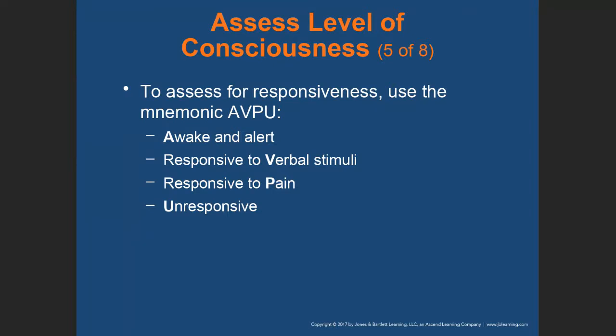And if you're checking to see if your patient is awake and alert, then you need to check for orientation to person, place, time, and event. V is the patient responding to verbal stimuli. P is the patient responding to pain. U is the patient unresponsive.